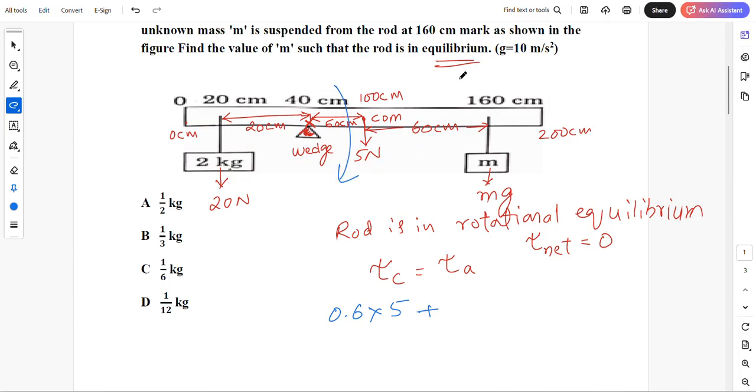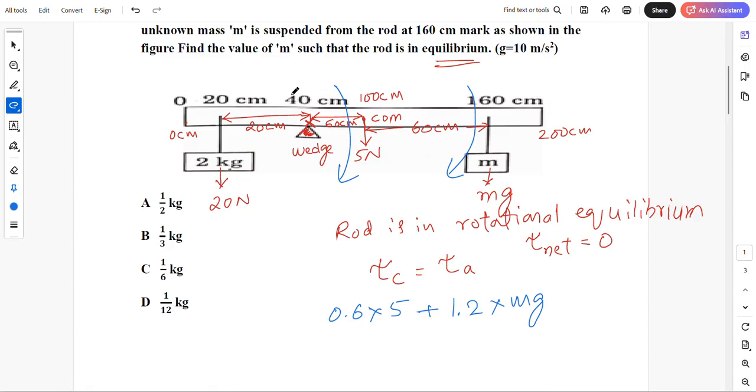This is clockwise, and here also there is clockwise torque. The distance from this wedge to this mass is 60 plus 60, that is 120 centimeter, 1.2 meter, into the force mg.